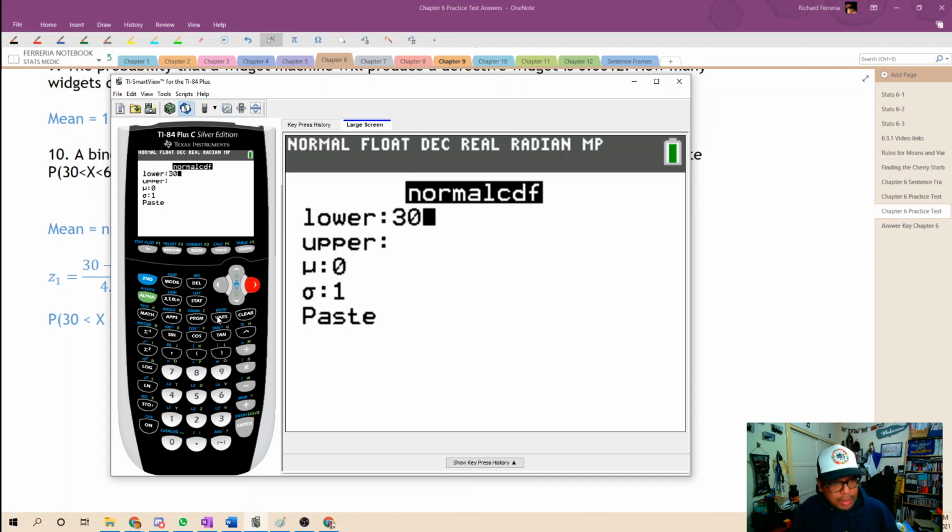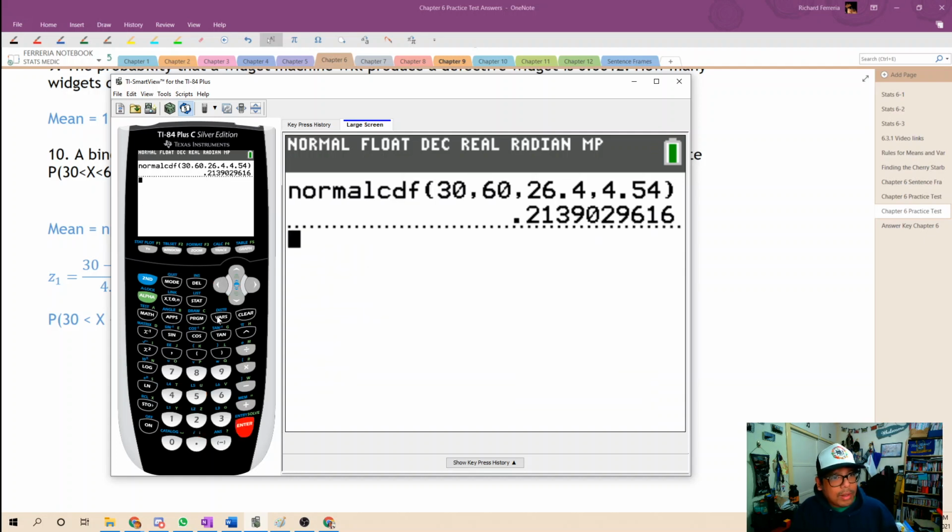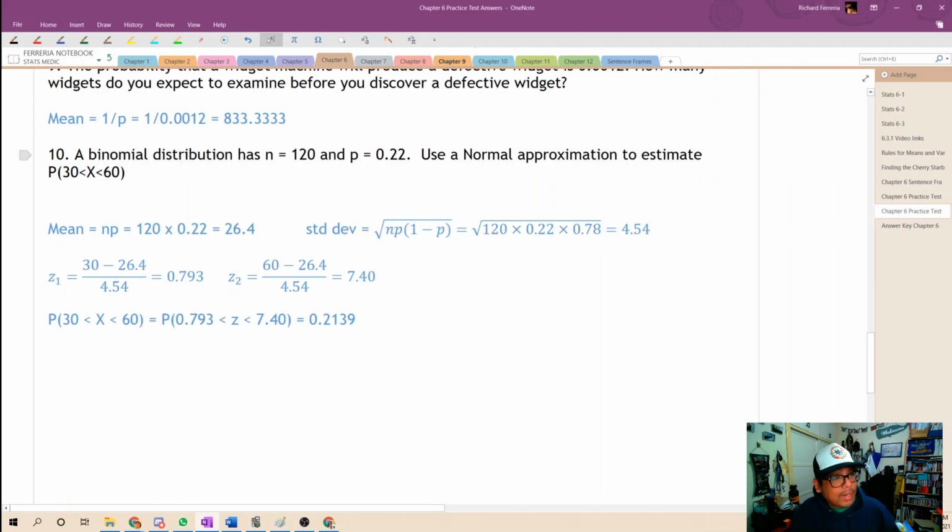I'm going to do everything in terms of x. So 30 to 60, the mean was 26.4, and the standard deviation was 4.54. And that gives me 0.2139. Write that in, and you're all set.